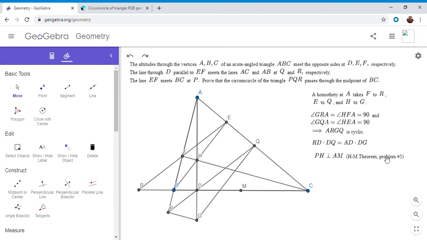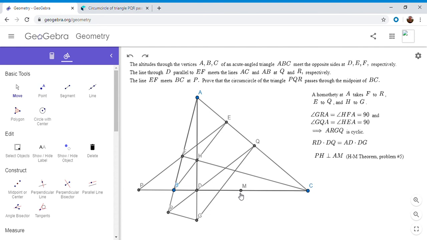That's not exactly the statement of the HM theorem, but if you watch that video and see the proof that I give, that's exactly what I end up showing, that PH is perpendicular to AM. And in fact, there's another way to see this, even without the HM theorem. It uses a little projective geometry, so I'm just going to briefly touch it. But basically, quadrilateral BFEC is cyclic, and M is the center of that circle.